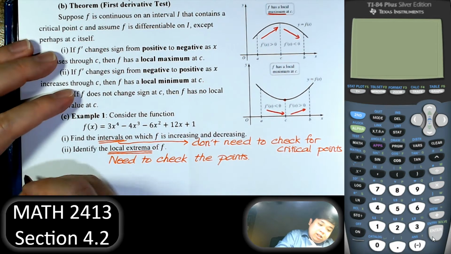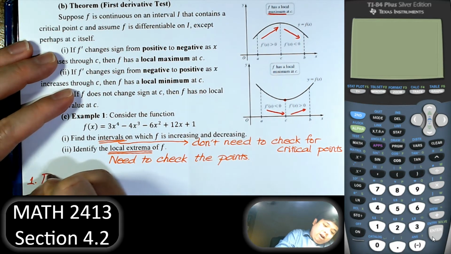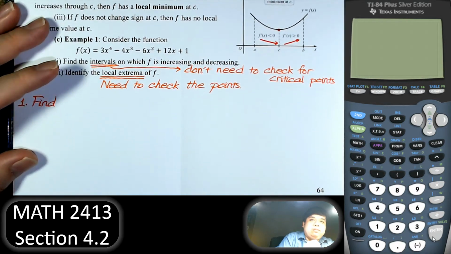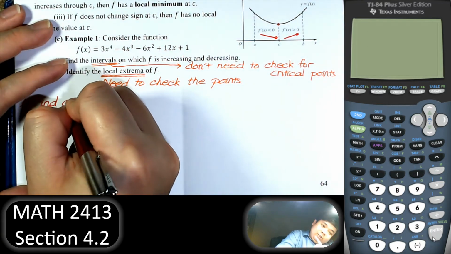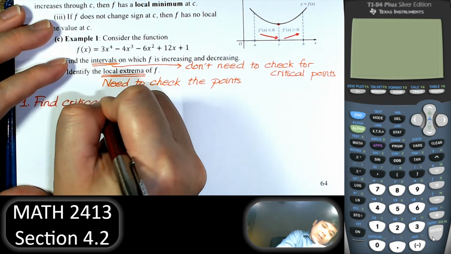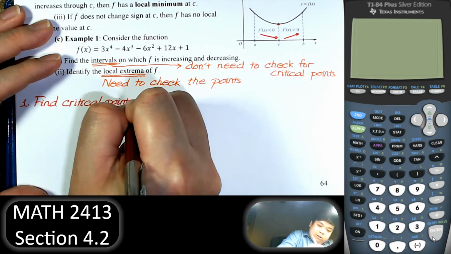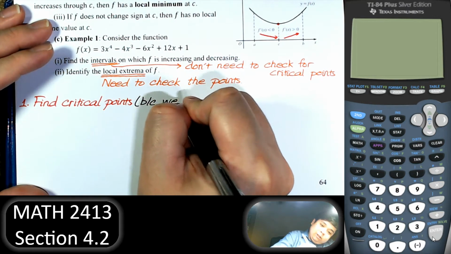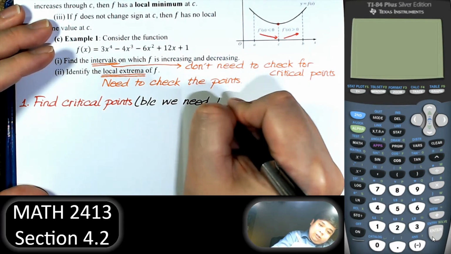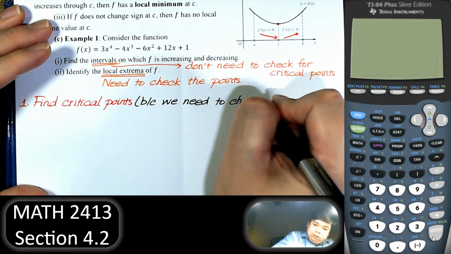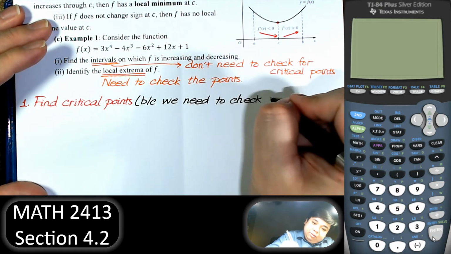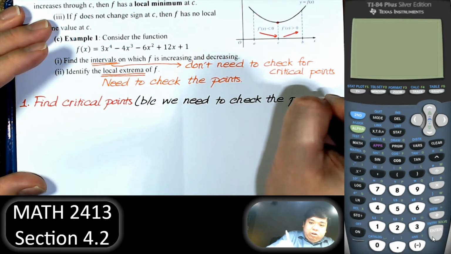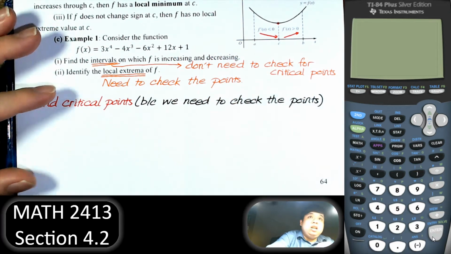The first step here is to find critical points, because we do need to check the points. If we are asked to find intervals, we don't need to. In that case, we just need partition numbers.